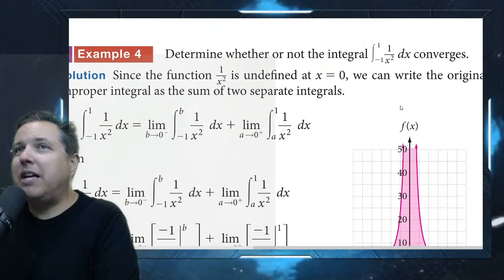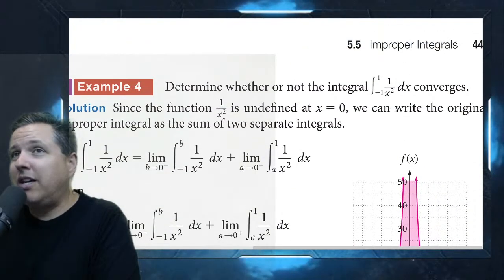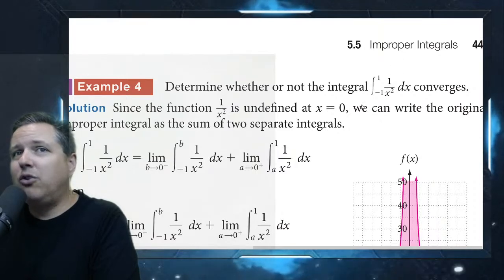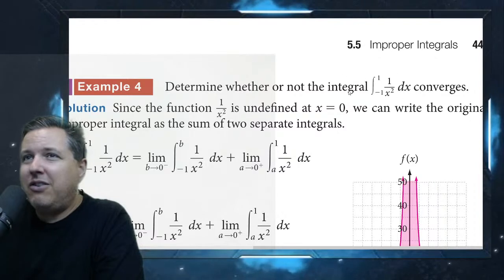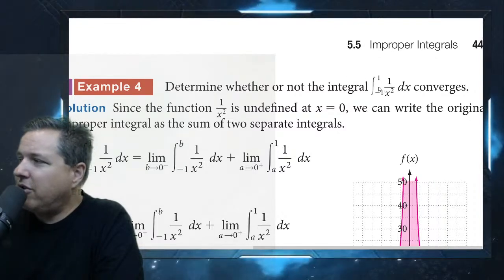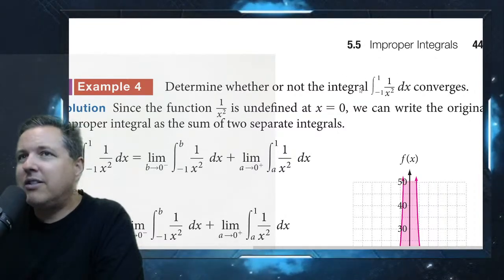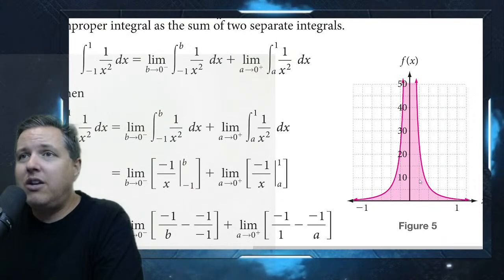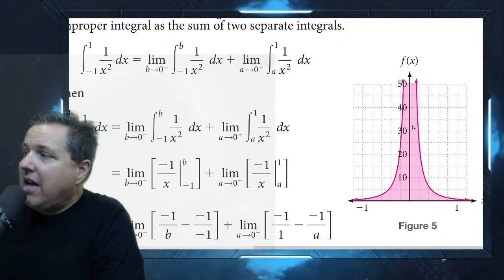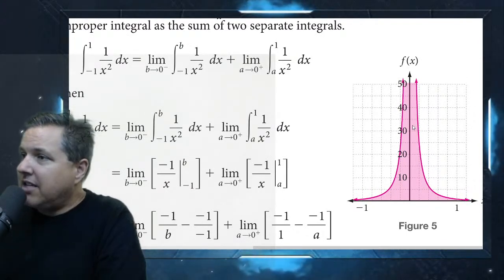That's the problem. So that's why it can be a little deceptive when you're not looking at an integral closely. You have to look at the integral and ask yourself, is there any asymptote inside? Like, is there a vertical asymptote in there that's a problem? And in this case, yes. At 0, which occurs between -1 and +1, we have this asymptote, and that infinity is going to mess things up.